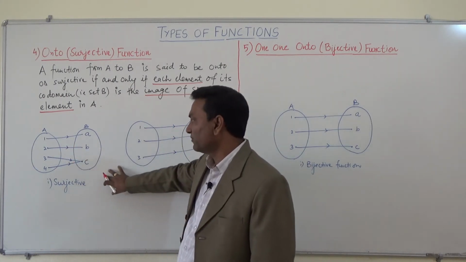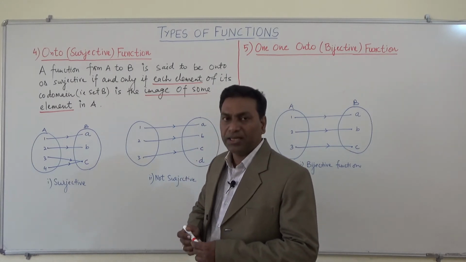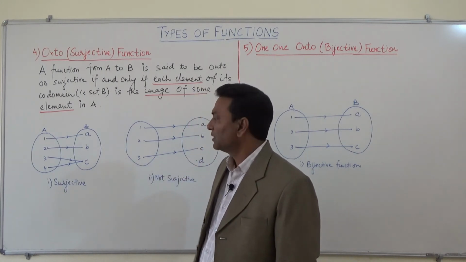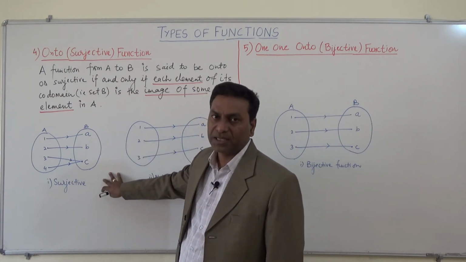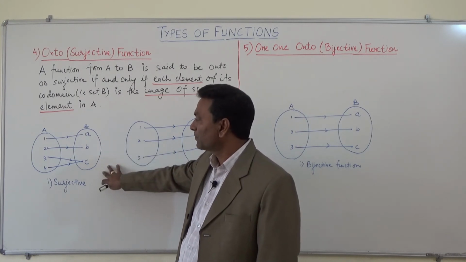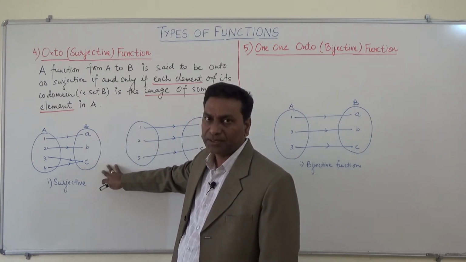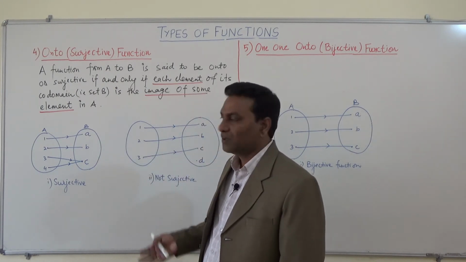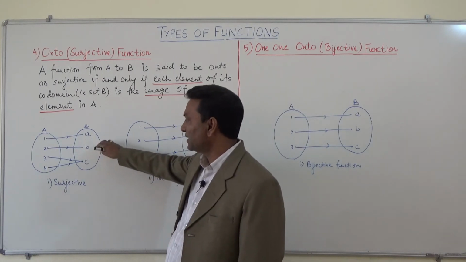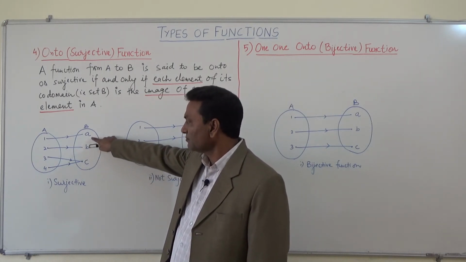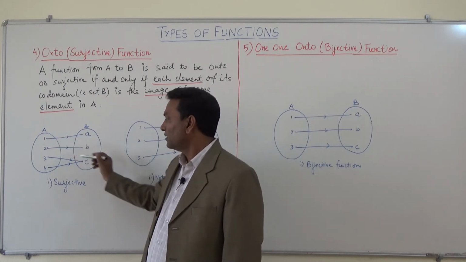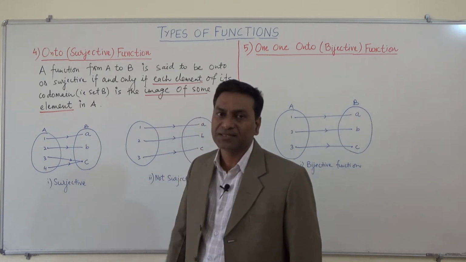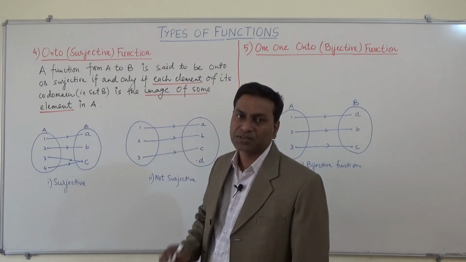In this diagram we have two sets A and B. A contains 4 elements 1, 2, 3 and 4, and B contains 3 elements a, b and c. Each element of set B, that is the codomain a, b and c, is the image of some element in A. Here a is the image of 1, b is the image of 2, and c is the image of 3 and 4. That's why this is the onto or surjective function.